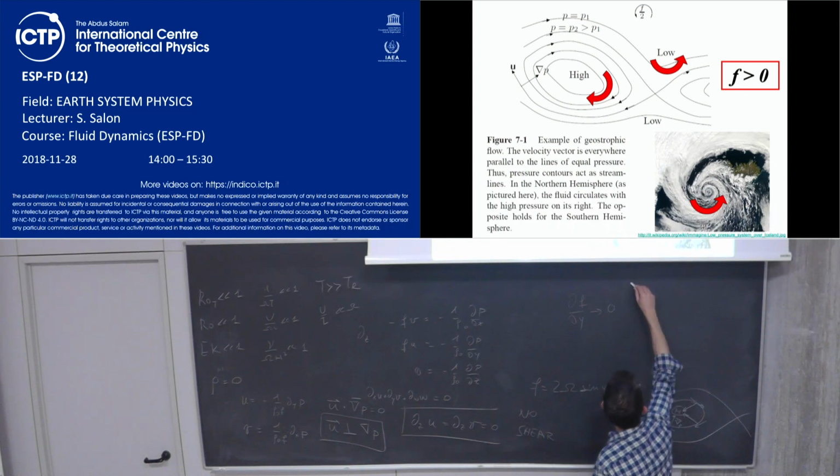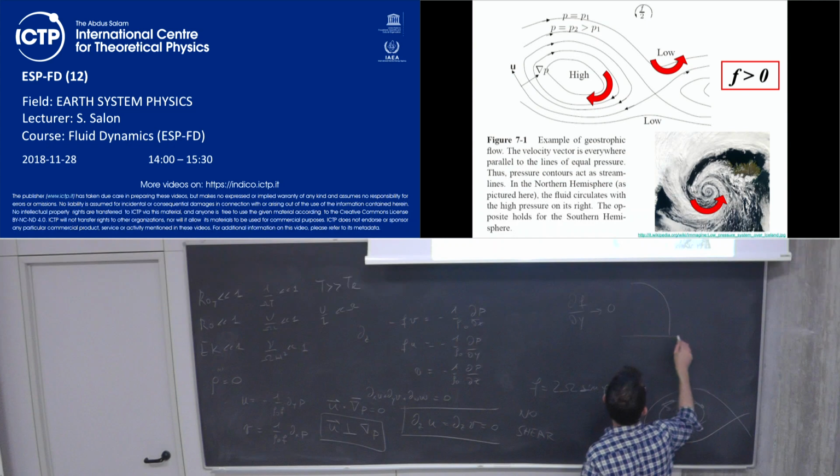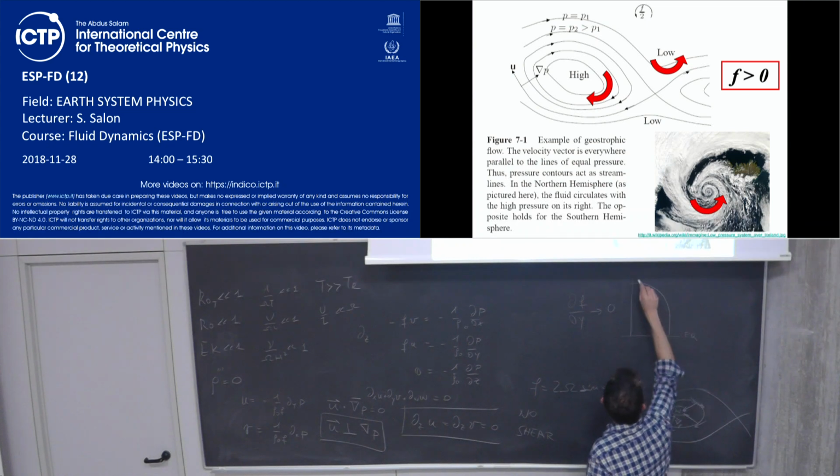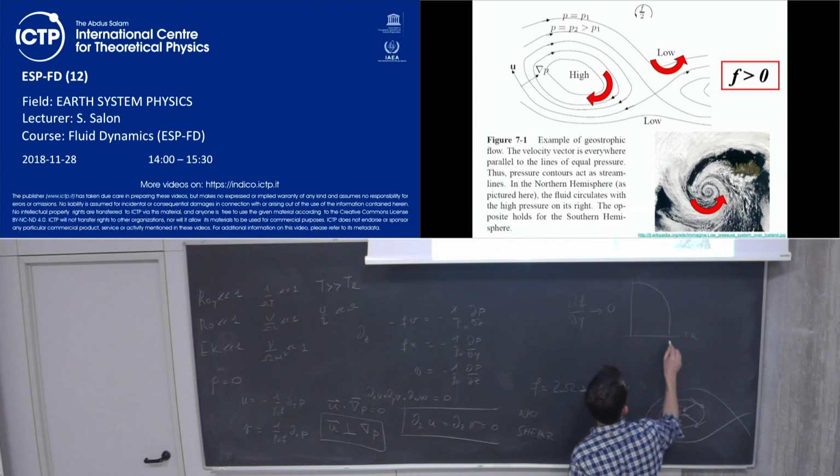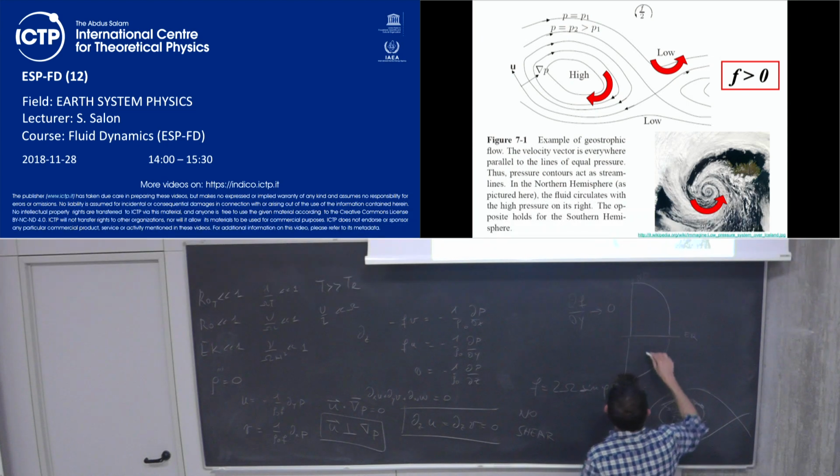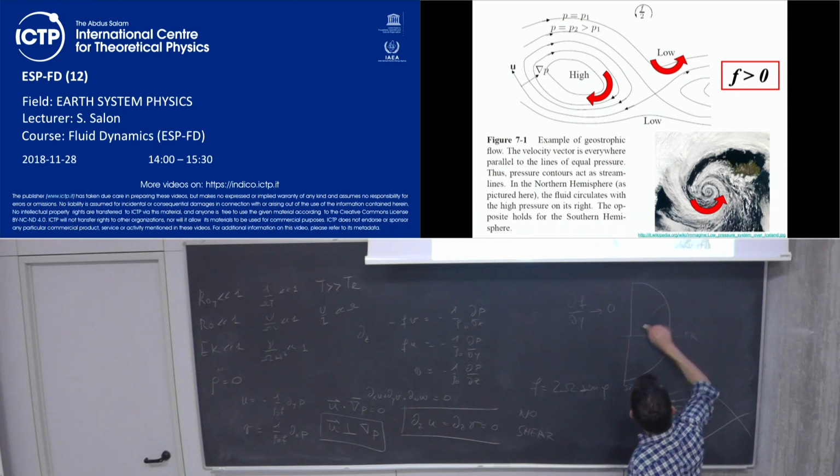So it means that if we are considering our Earth, so this is the equator, this is the North Pole, this is the South Pole, we are considering to take a meridional extent of our system where f is more or less constant, okay?